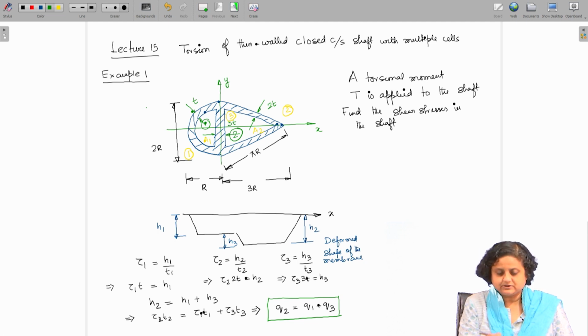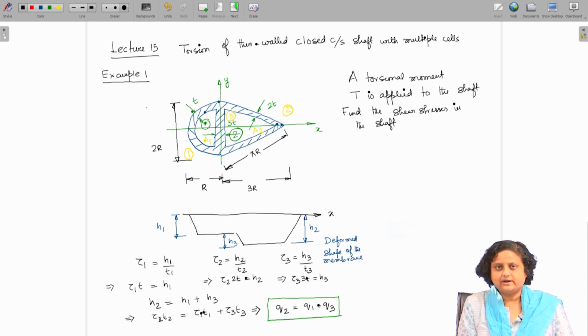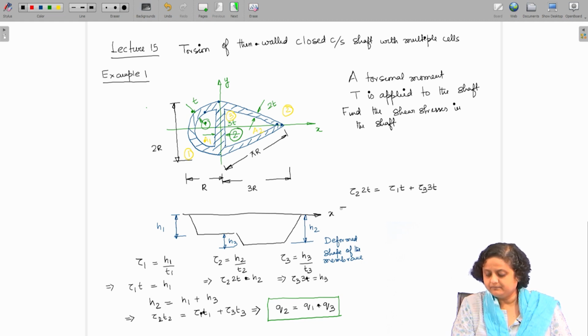The other expression that we get, if I replace the values of T1, T2 and T3, is tau 2 T2, where T2 is 2T, equal to tau 1 T1, where T1 is T, plus tau 3 T3, which is 3T. From this we get that 2 tau 2 is equal to tau 1 plus 3 tau 3.